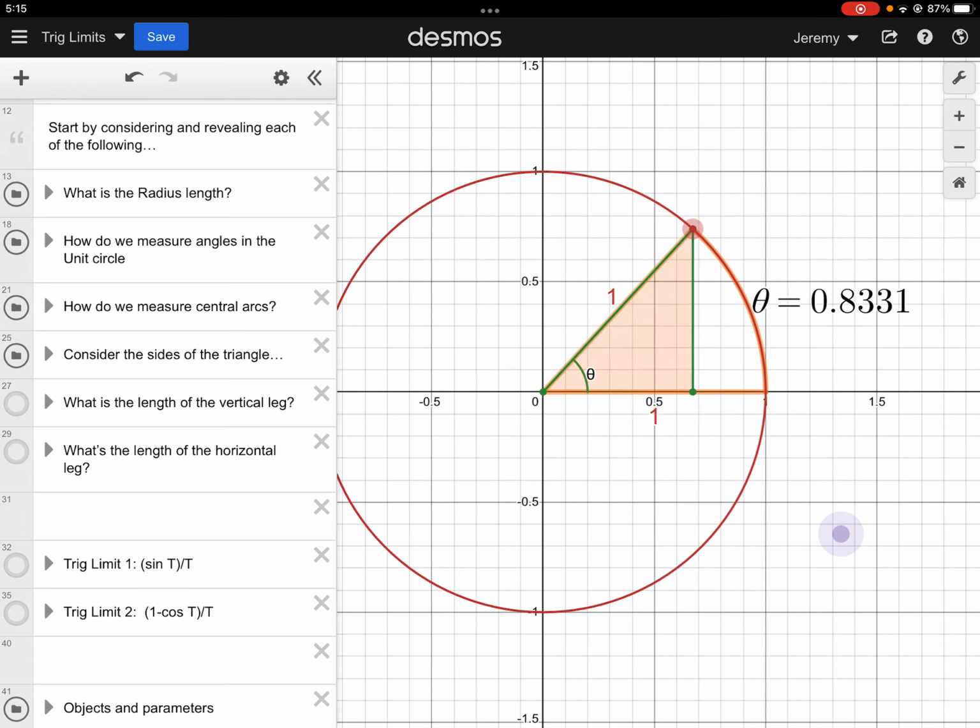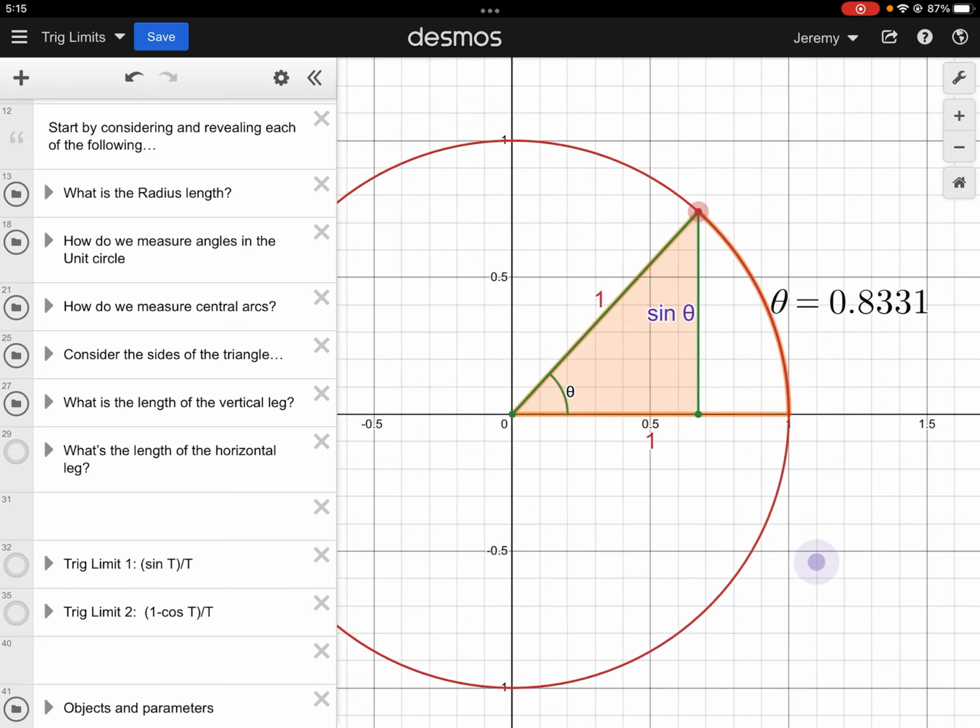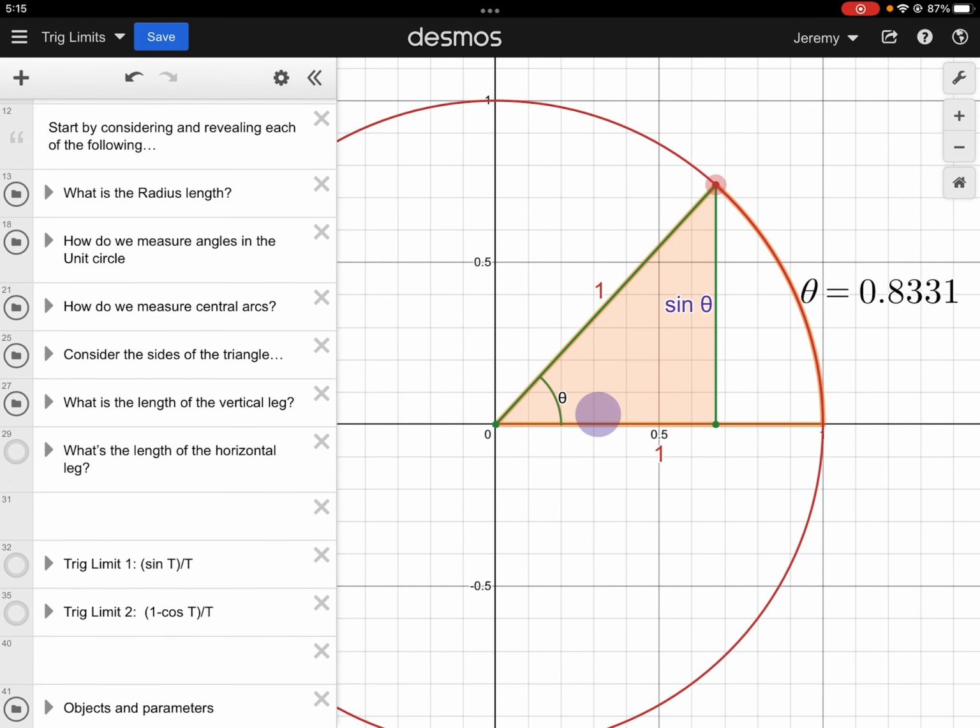Well, let's think about the sides of this triangle here. We've got a right triangle, and we want to figure out the lengths of these sides. Well, how do you figure the length of this? This is opposite of the angle, and we know opposite over hypotenuse is sine, so the length of this vertical leg is the sine. What's the length of this horizontal leg here? Well, that horizontal leg is adjacent to this central angle.